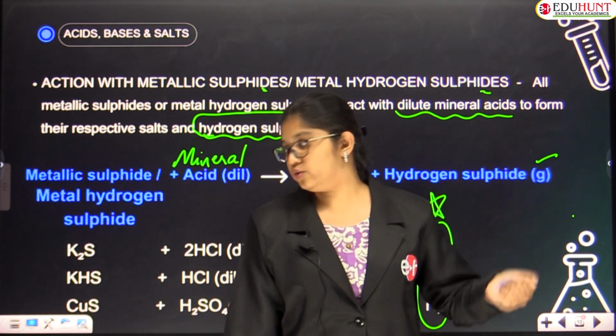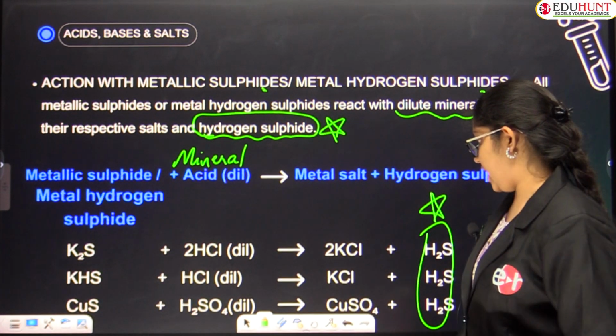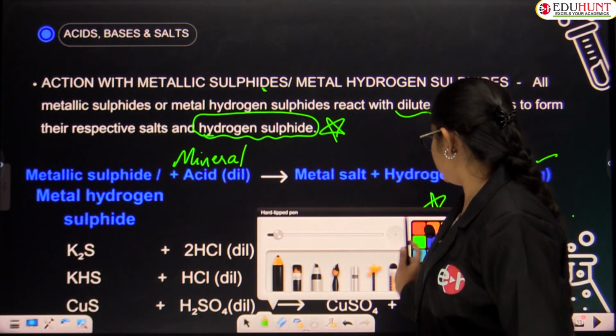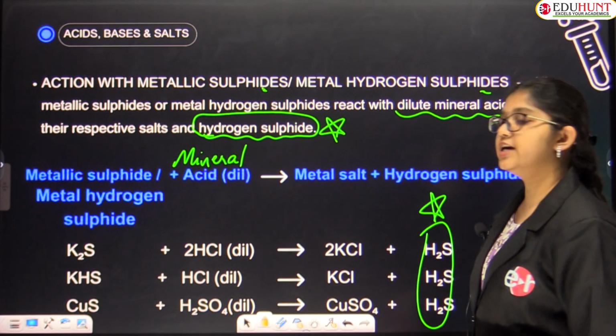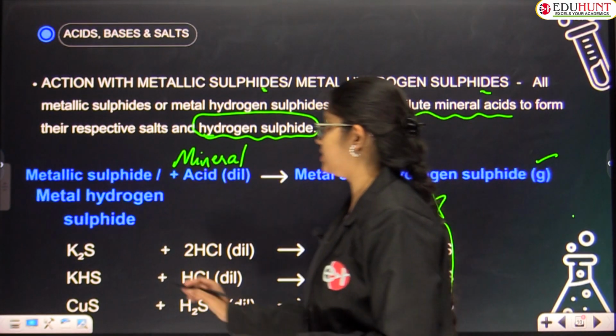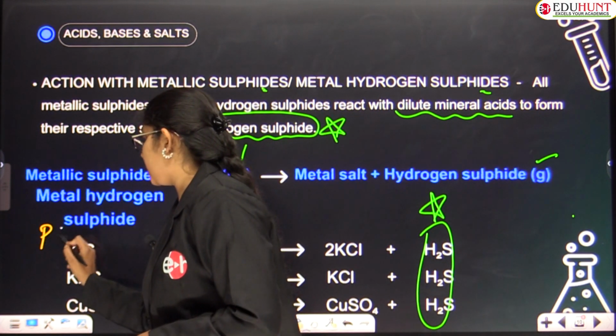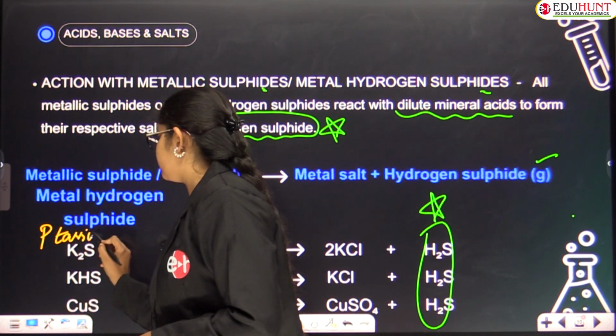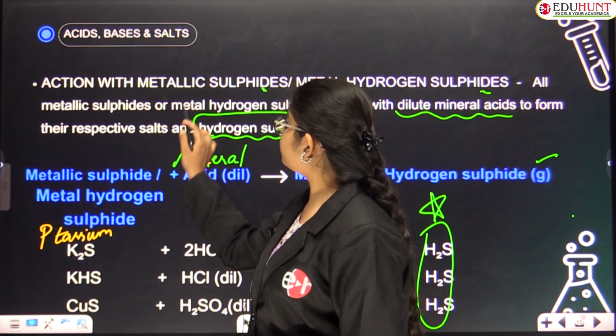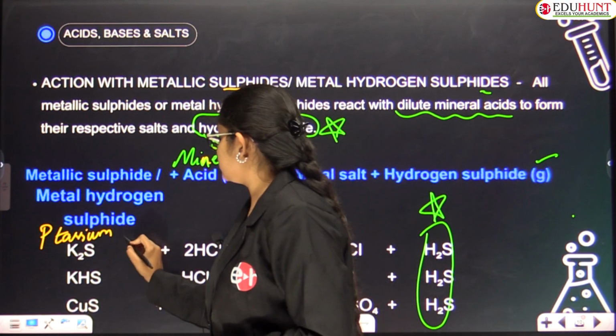Clear now? Very good. Now, here go the reactions for you, children. First one is K2S. What is K2S? K means potassium, S means sulfide.